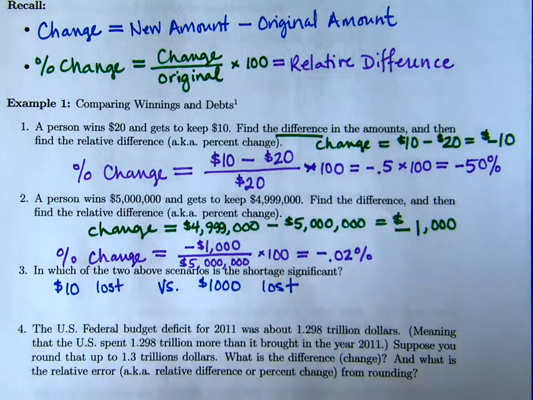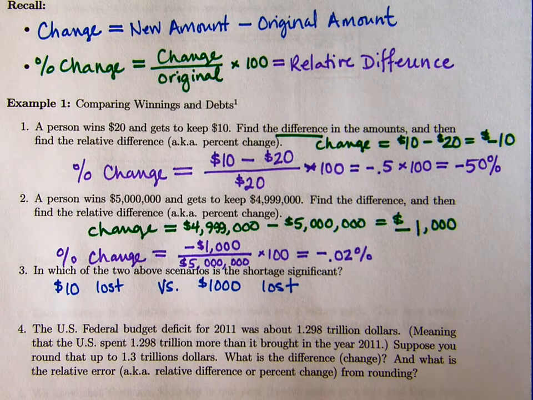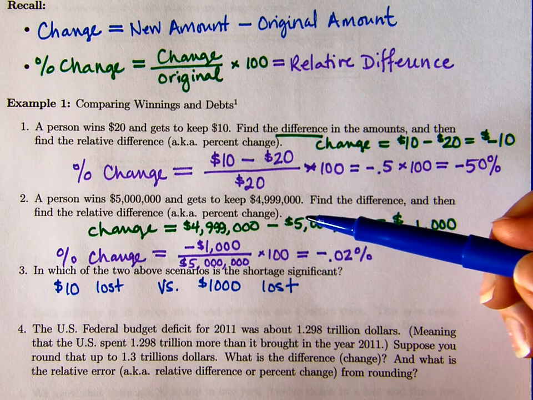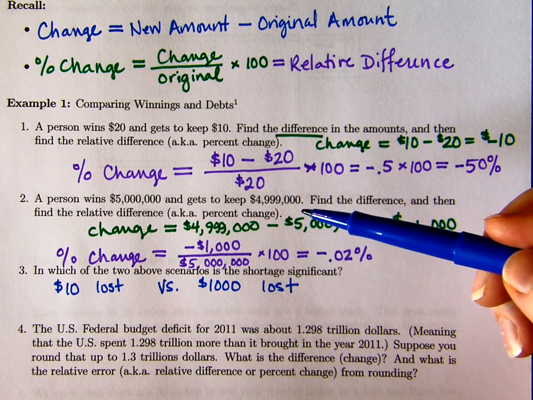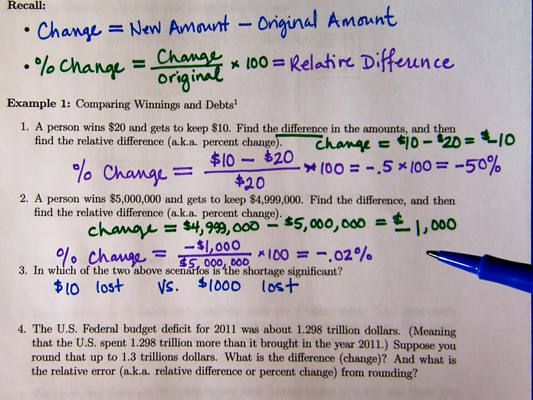That feels really significant because losing $1,000 is way more than losing $10. Except for the fact that in the second scenario, you still got 4,999,000. So do you really care about that grand? I doubt it.